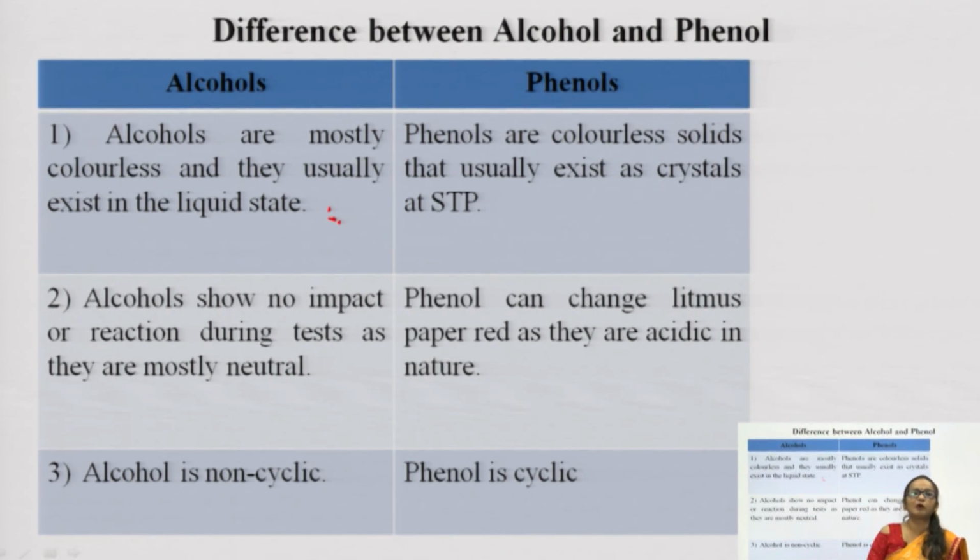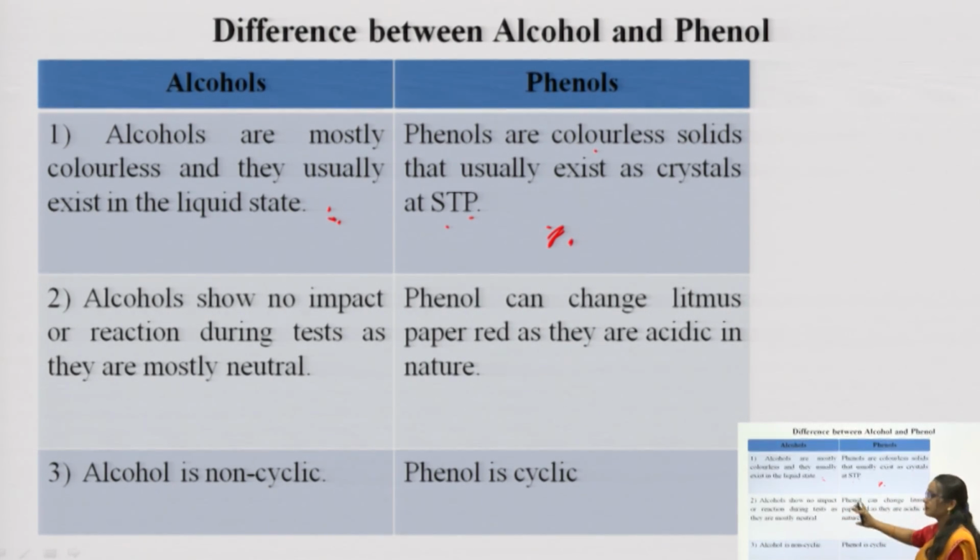But phenols are colorless solids, because at standard temperature and pressure they exist as a solid. So this is a major difference: alcohols are obtained as a liquid and phenols are obtained as a solid.